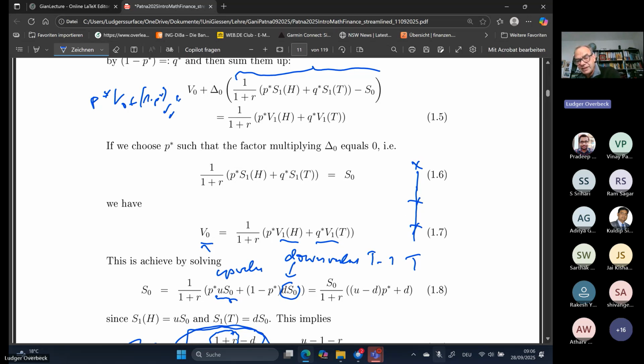We have solved this in these two equations by introducing P star, where we need a condition on our probability space, on the U and D and on the R. The random variables take only two values, U and D, and R is the value of the riskless investment, namely in the bond.